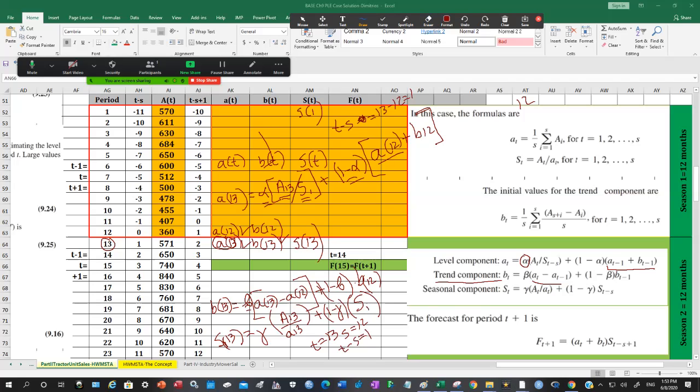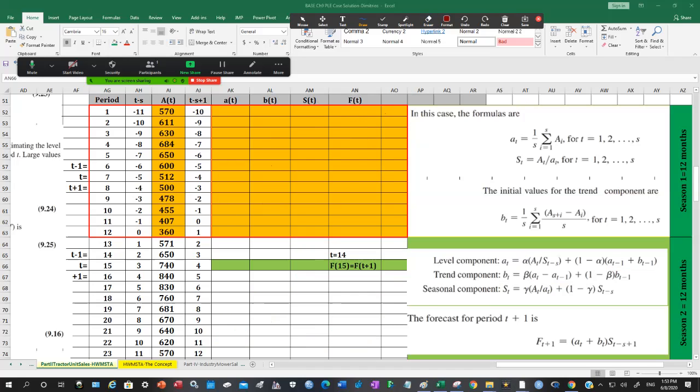So we have now found all three of these: the level at 13, the trend component in period 13, and the seasonal component of period 13.